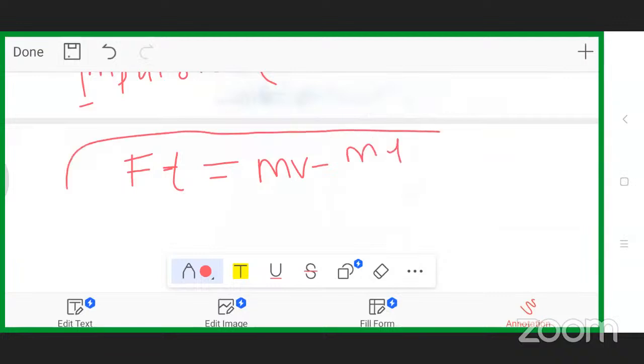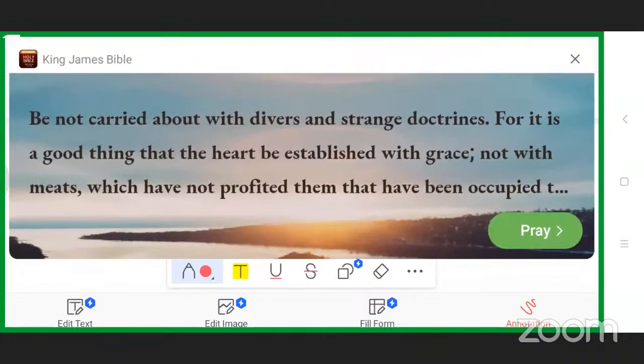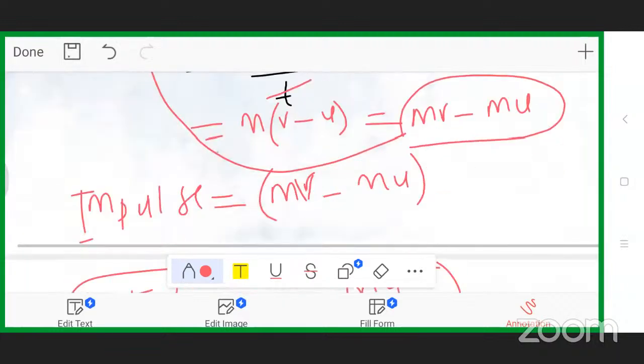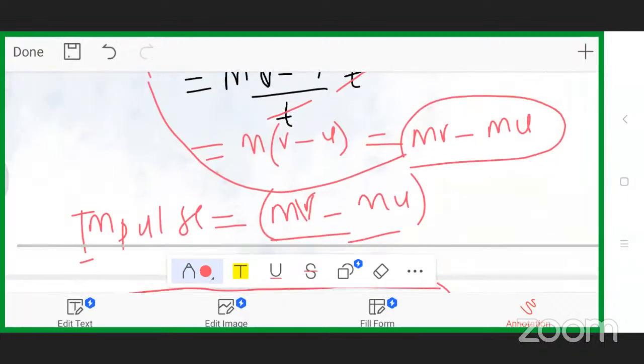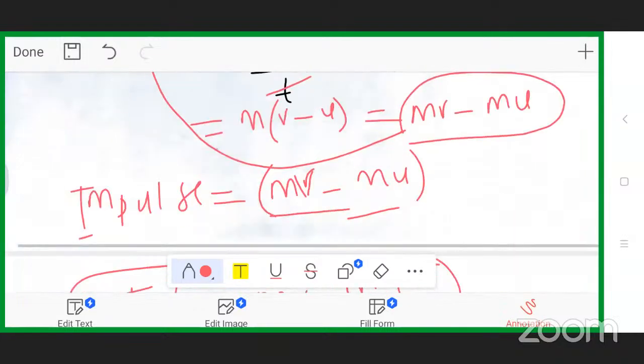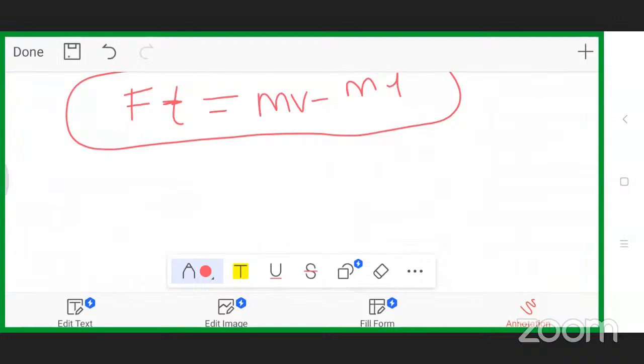This is important because there are some problems we will solve depending on what we have. How is this practically applicable? Look at this. If the impulse is mv minus mu, it means that the impulsive force can be decreased by decreasing this amount.